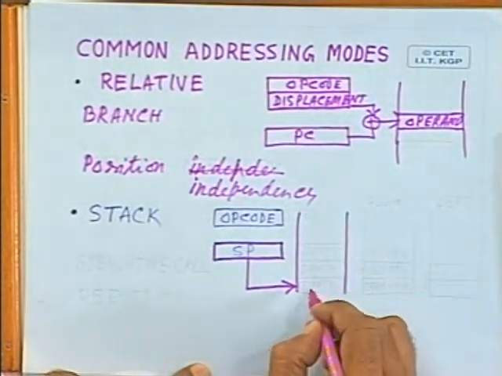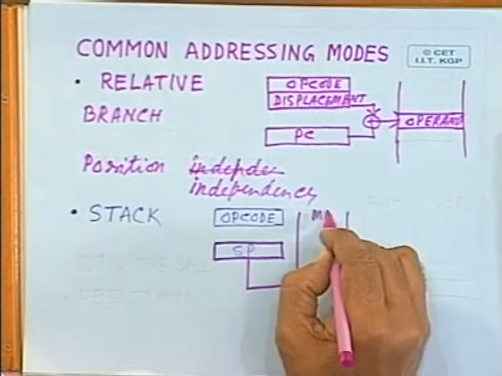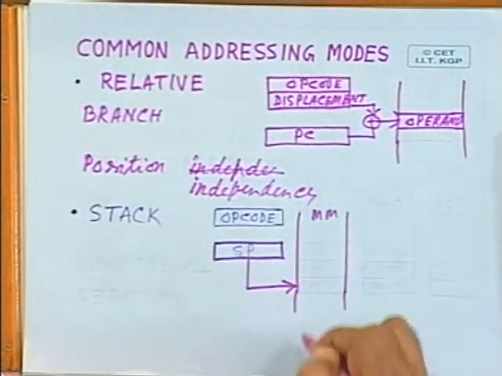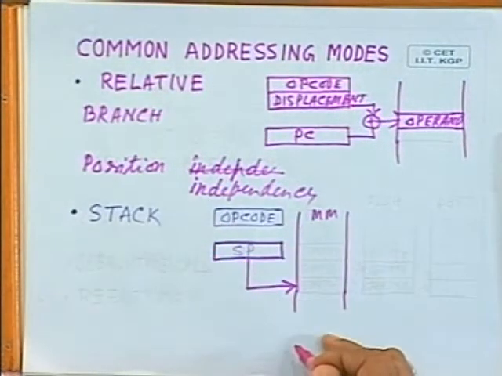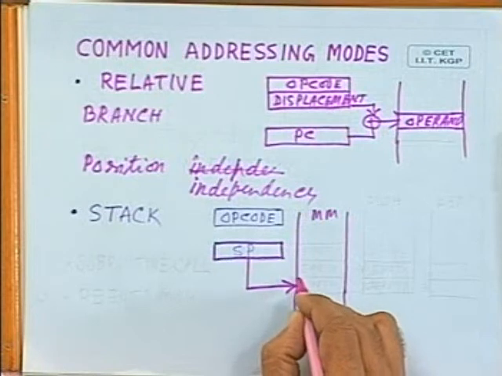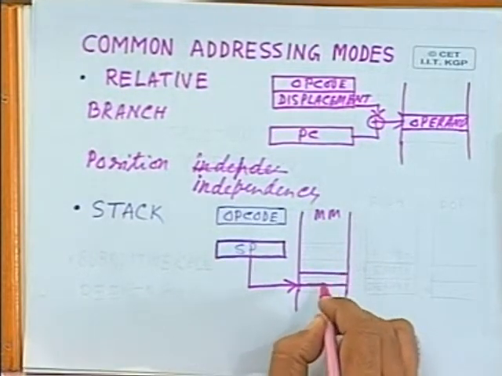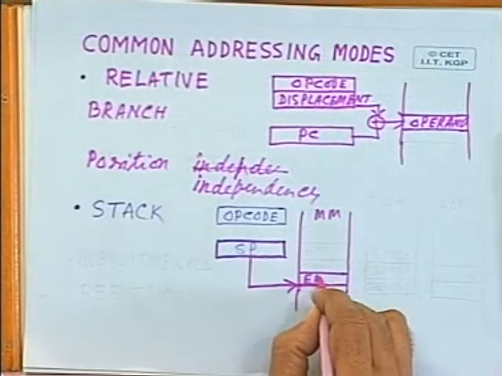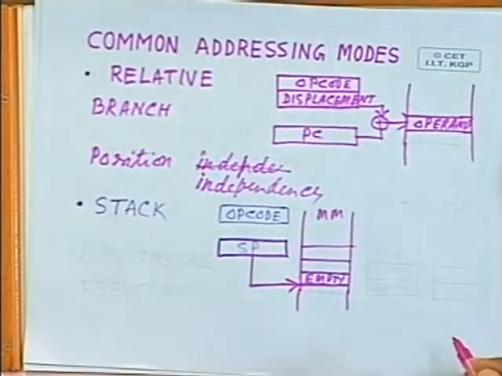Suppose this is your main memory where the stack is implemented, and the stack pointer is part of the CPU. Initially, let us assume this location immediately above the bottom is empty. These are all empty.